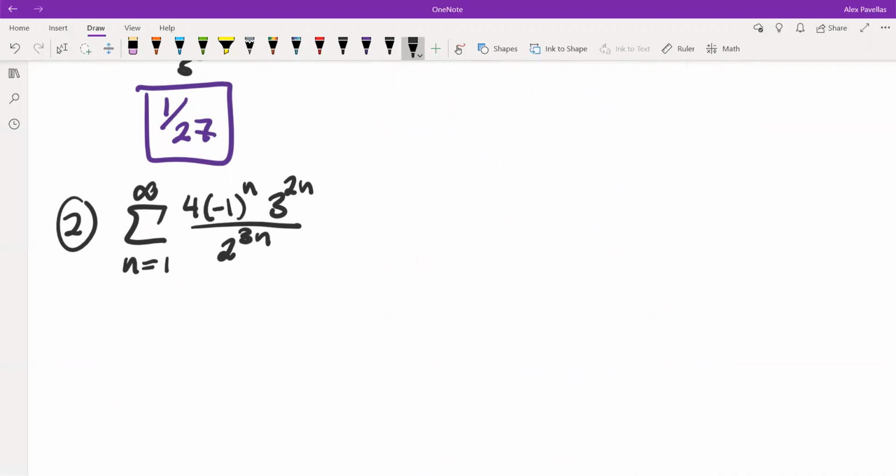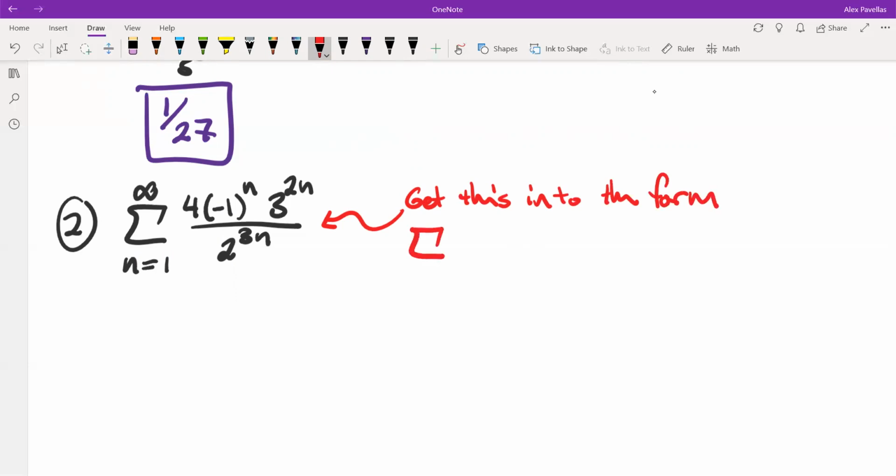And if it does converge, we want to determine what the sum is. Okay, so we want to get this into the form of the sum of a times r to the n. So some number times some other number raised to the n.